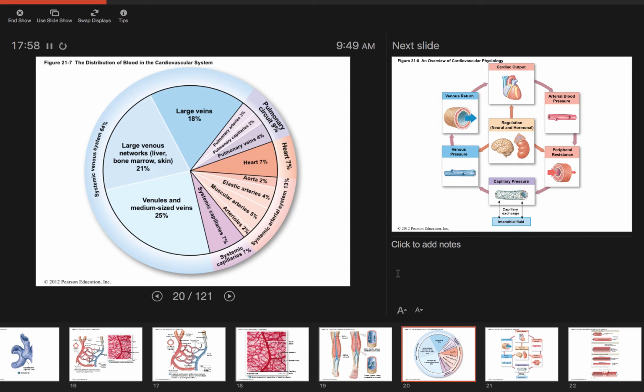So the veins are really the blood reservoir. And of that, 21% of your blood is going to be in the liver, the bone marrow, and the skin. So those are the organs that are the big blood reservoirs. In the veins, in the liver, the bone marrow, and the skin, 21% of the time we find that blood in those veins in those organs.